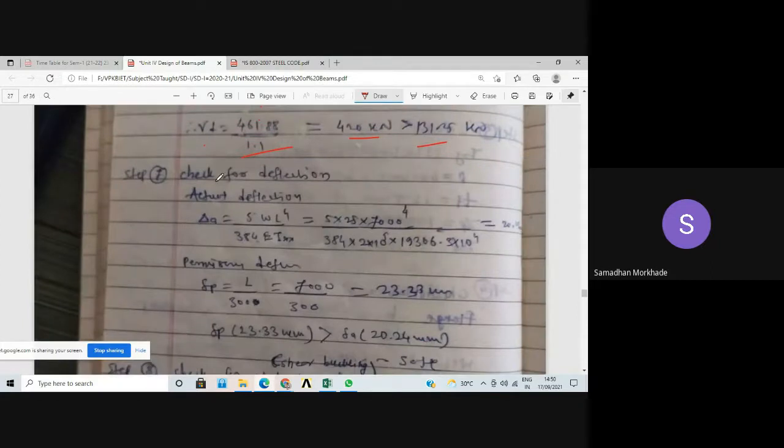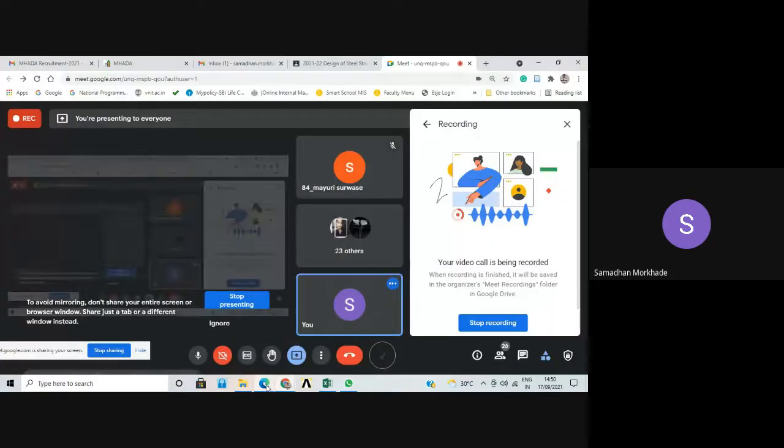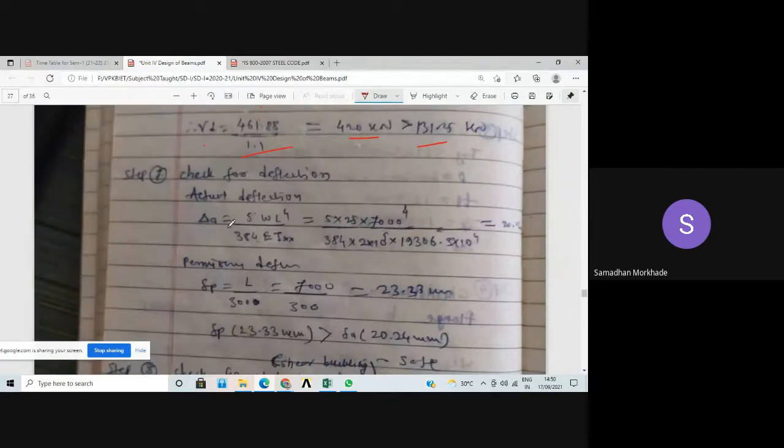Now actual deflection. Delta A is equal to, for a simply supported beam subjected to UDL over the entire span, the formula 5WL^4 divided by 384 EI. Again, here the load is the working load, not the factored load.